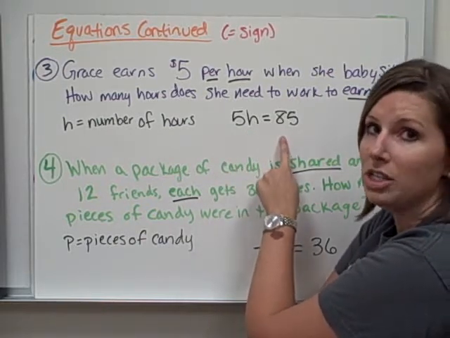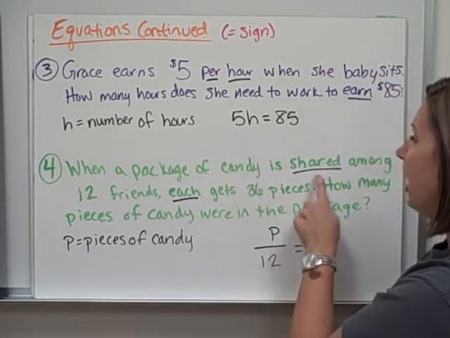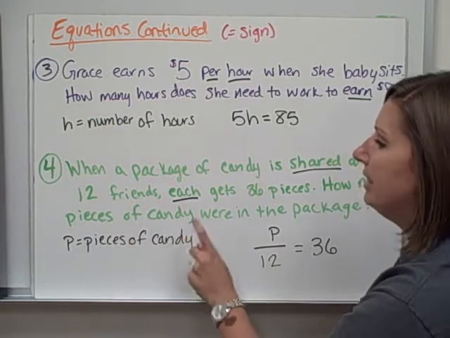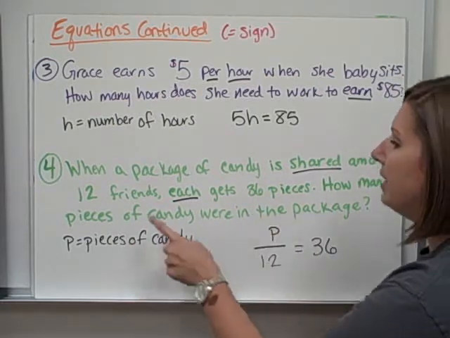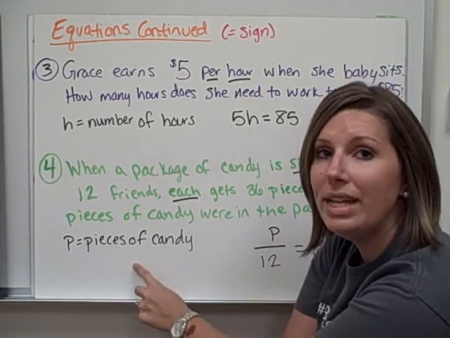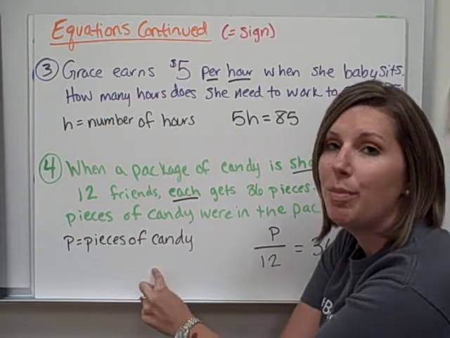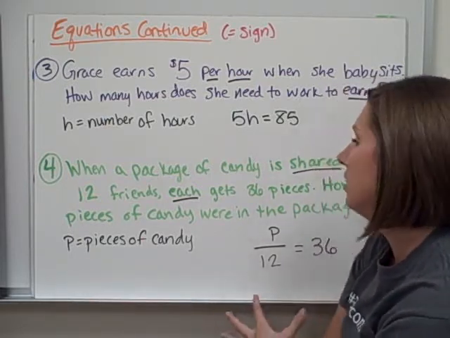That is our equation. Number 4, when a package of candy is shared among 12 friends, each gets 36 pieces. How many pieces of candy were in the package? So that's the information we're missing. We need to know how many pieces of candy were in the package. So P is going to stand for pieces of candy in this case.